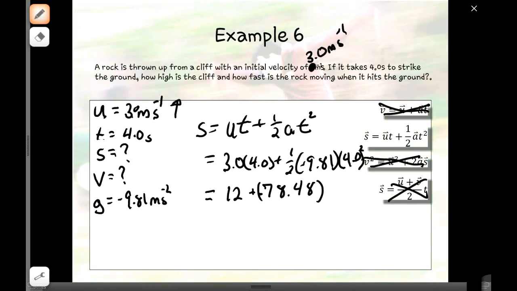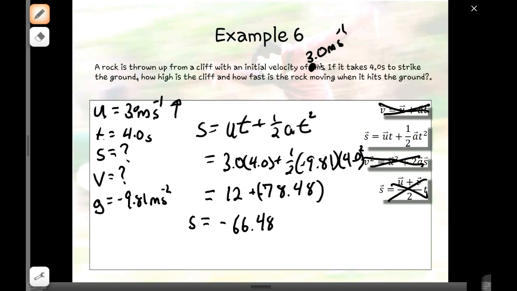So that means my total displacement of the rock is going to be 12 minus 78.48, which tells me that it's negative 66.48.